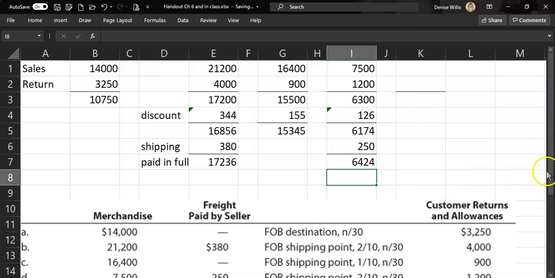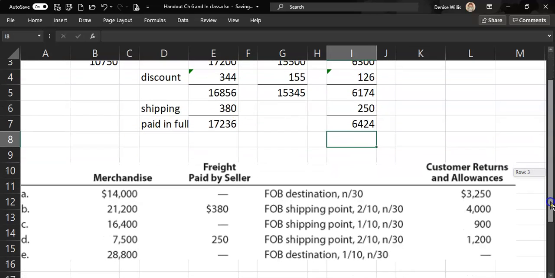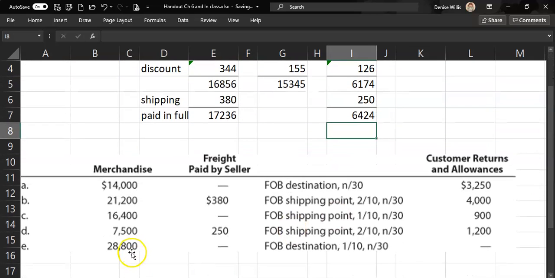Okay, the last one. Okay, we have a $28,800 purchase. It is FOB destination. That means title passes at the destination point. Therefore, the seller owns it during shipping and the buyer is not responsible for freight. The seller is. We have a discount of 1% if we pay within 10 days. Otherwise, the net is due in 30 days anyway. And there are no returns and allowances.